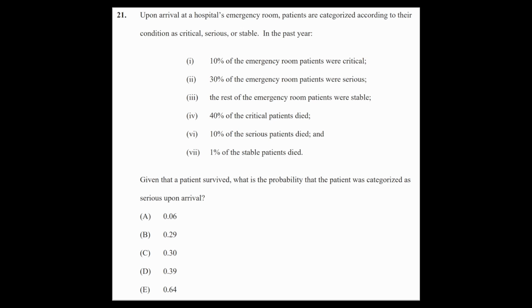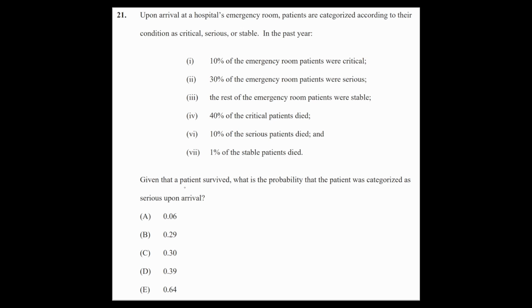Upon arrival at a hospital's emergency room, patients are categorized according to their condition as critical, serious, or stable. In the past year, 10% of the emergency room patients were critical, 30% were serious, and the rest of the patients were stable. 40% of the critical patients died, 10% of the serious patients died, and 1% of the stable patients died.